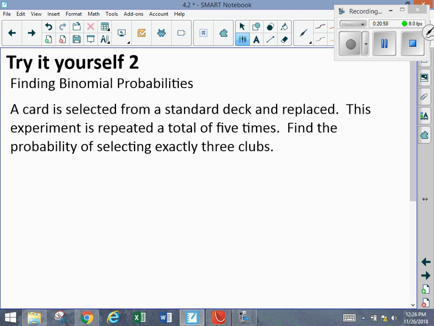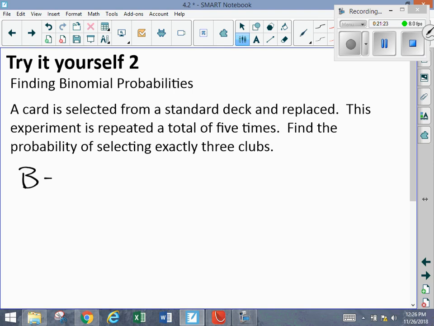So, we got a card. It gets pulled from a standard deck and replaced. We repeat it 5 times. We're going to find the probability of selecting exactly 3 clubs. First of all, before we can use our binomial PDF function on our calculator, we got to check our BINS.